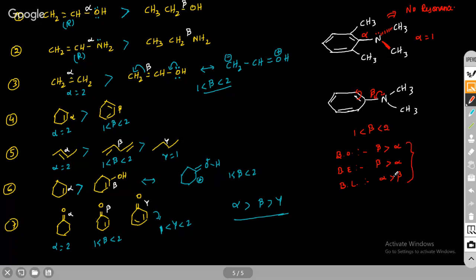Is it clear? Because of steric hindrance, resonance is not possible here. And when there is no resonance, bond order will have integral value, alpha is equal to 1. Got it? Yes or no? Tell me.